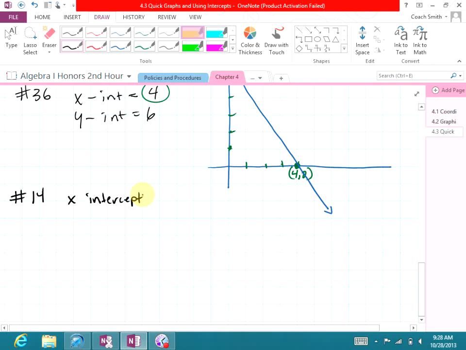So what is the x-coordinate on number 14? 2. So that would be part of it. The next one would be the y-intercept. No. Where does it cross the y-axis? 3. And so that's your answers. X-intercept is 2. Y-intercept is 3.